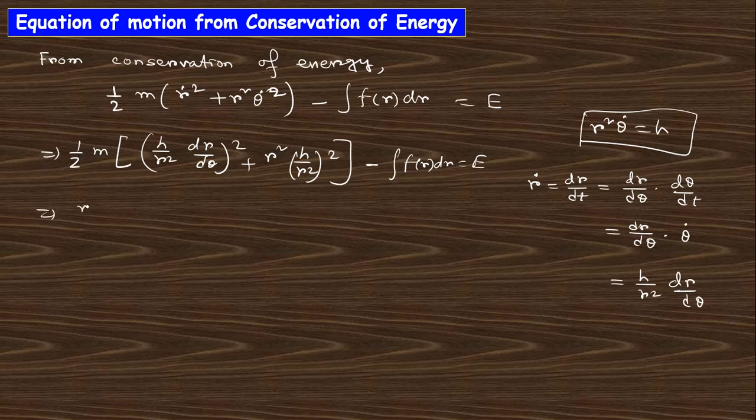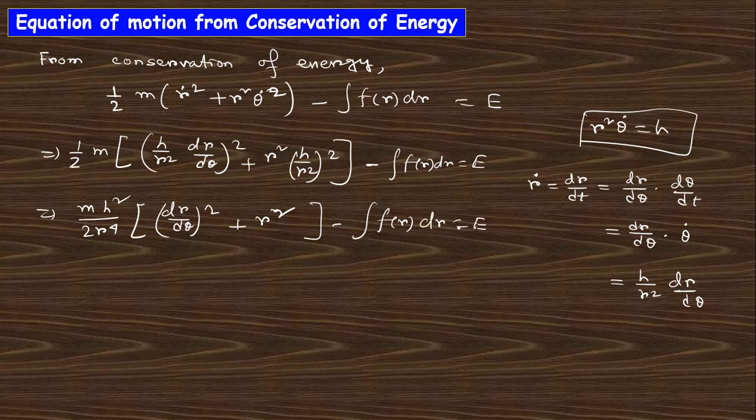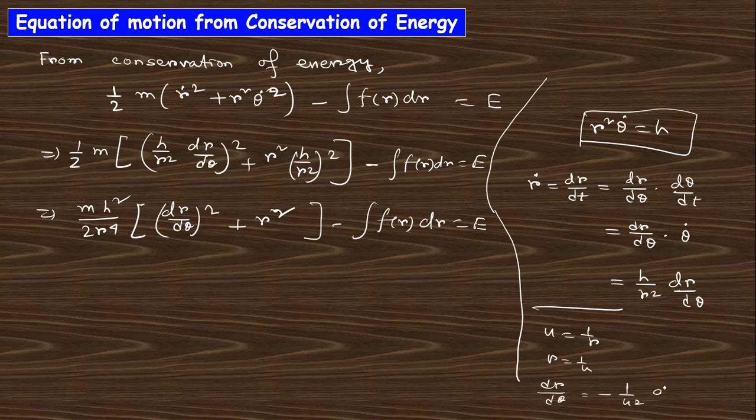So if you take h square and r to the power 4 as common, you will get dr d theta whole square, plus r square, with r to the power 4 taken as common, minus integral f of r dr equals E, and this is nothing but V. Now if you take u as 1 by r, so r equals 1 by u, so dr d theta equals minus 1 by u square du d theta.